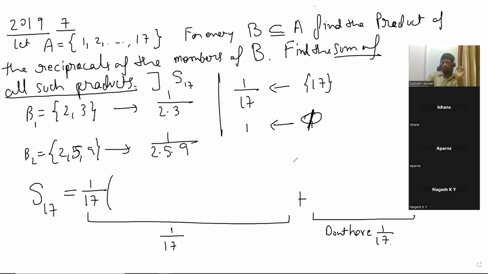Sir, 1 by 17 was counted twice, so won't it be 2? No, because one of the 1 by 17 was from here, and this will become 1, but this will now be for the subset 1, right? So there is a 1 by 17 here, and there is a 1 by 17 that comes from this.